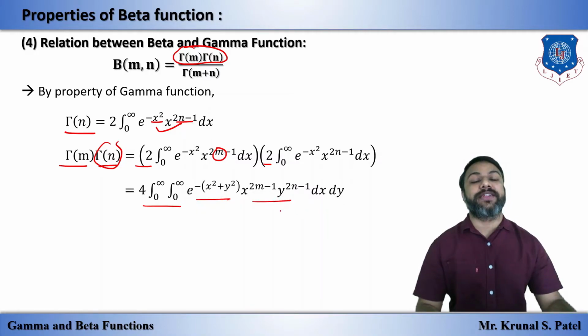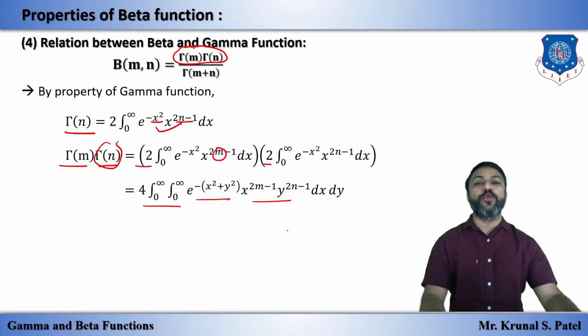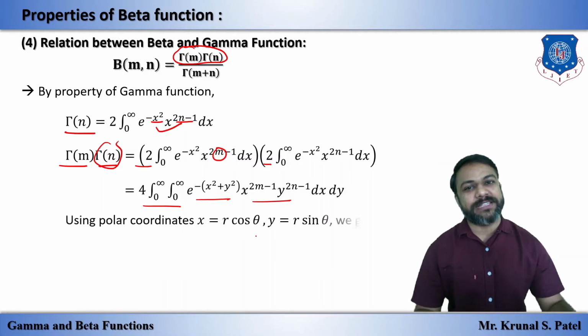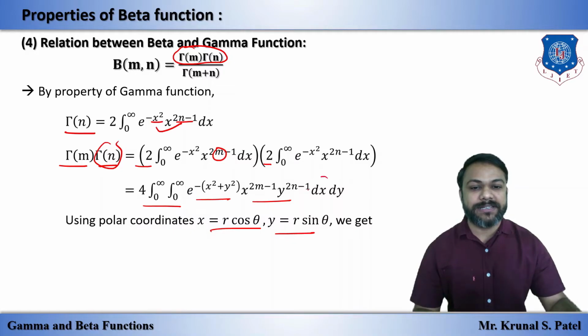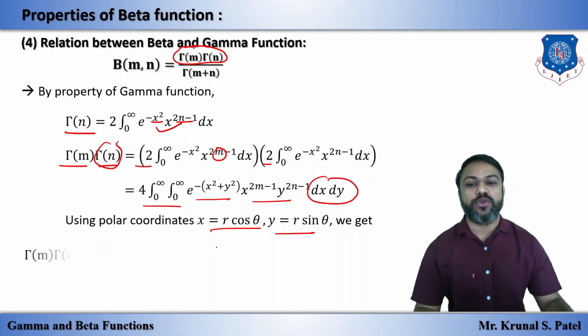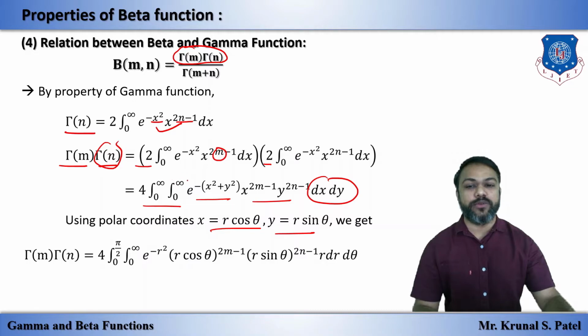Now to solve this integration, we have to convert it into polar coordinates, as we have seen in the previous lecture. Same concept. So the limit will be 0 to pi by 2 and 0 to infinity for r, and dx dy becomes r dr d theta. So by putting in all these values, e raised to minus r square, x is r cos theta, y is r sin theta, and dx dy is r dr d theta.